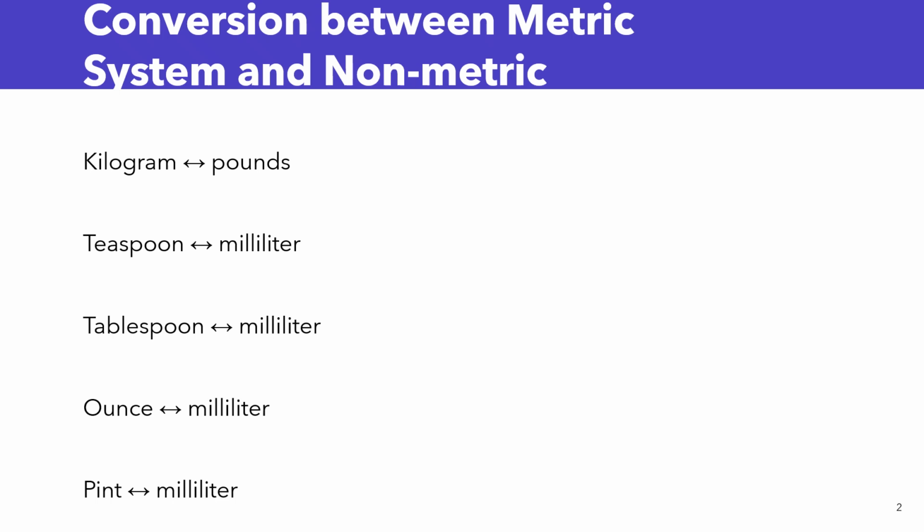For all of those cases, in order to solve those conversions, you need to know the conversion factor. So we'll talk about conversion factor later in the video when we solve the specific problems.